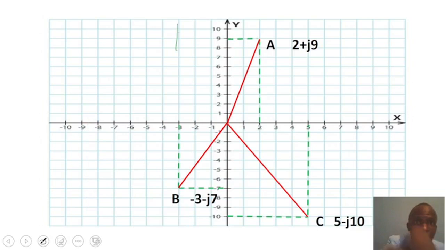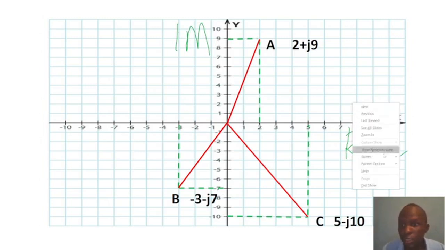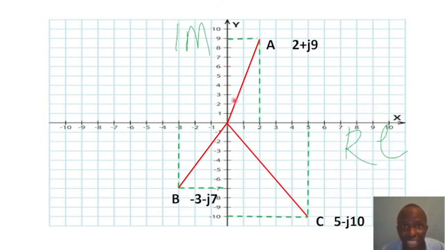This is imaginary, that is real. So the y-axis is the imaginary axis, and the x-axis is the real axis.